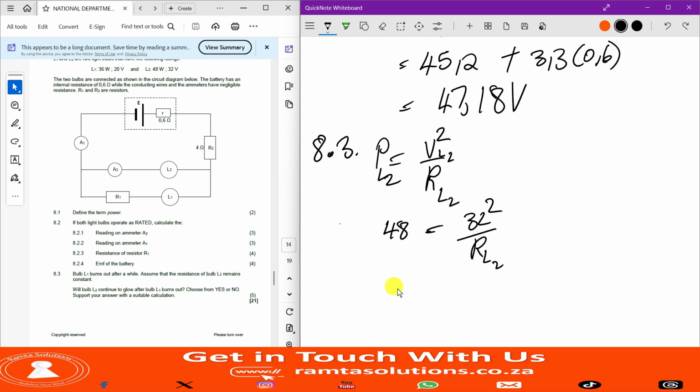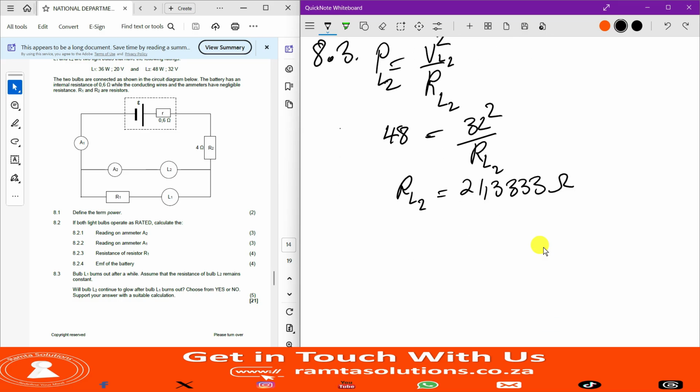The resistance of light bulb L2 is 21.3333. I'm writing 4 decimal places because I'm in the middle of a calculation. Now we need to know the total current.